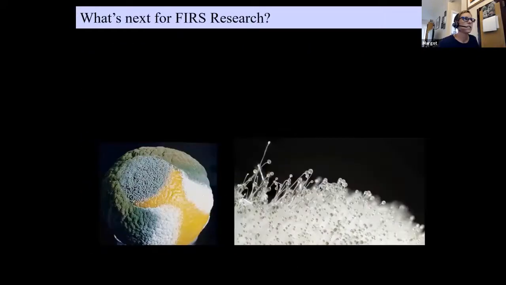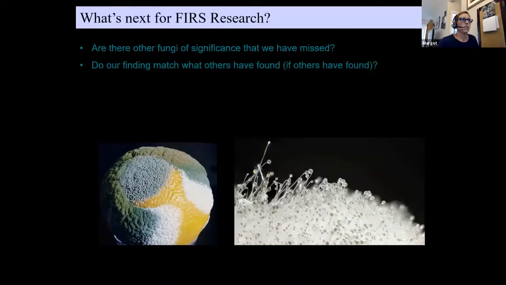So what's next for this project? Are there other fungi of significance that we've missed, perhaps? Do our findings match what others have found? This whole question of what's going on very late in the decomposition stages, as far as I know, isn't researched super heavily, so it's interesting to learn.